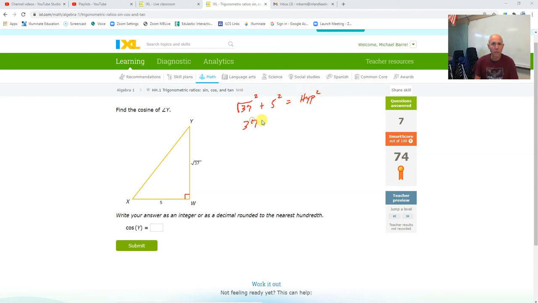So this is 37 plus 25 equals the hypotenuse squared. So it's 37 plus 25, so 62. So the hypotenuse squared equals 62, so the hypotenuse is the square root of 62.